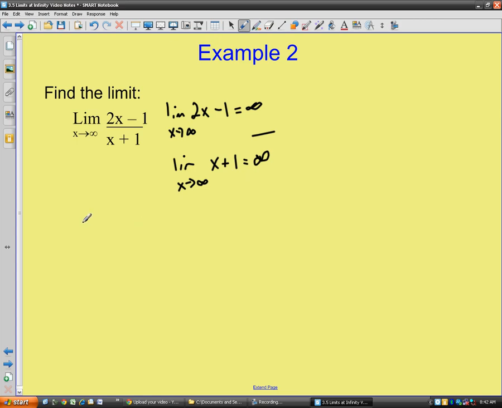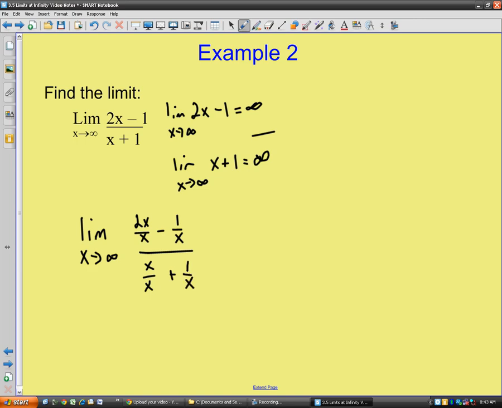Mathematically, what is the largest power on the bottom? The largest power on the bottom is x. So I take everything and divide it by that largest power, x, so we do 1 over x, and go through and do some simplification.